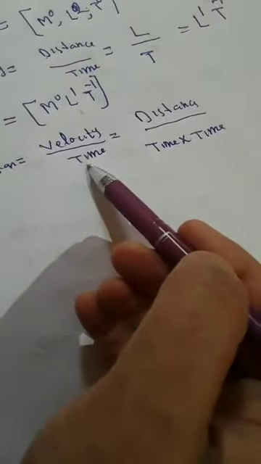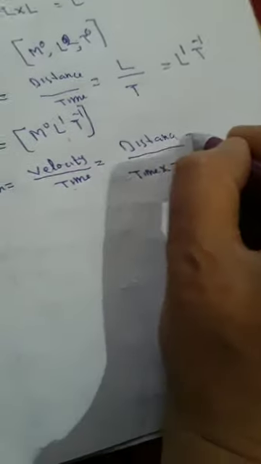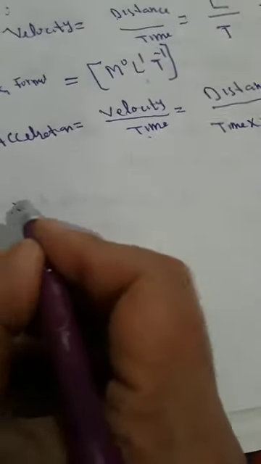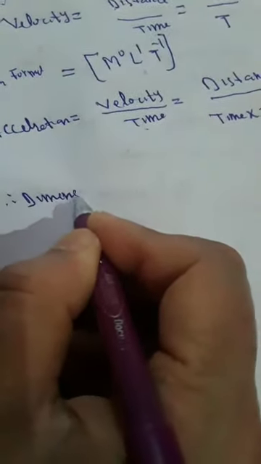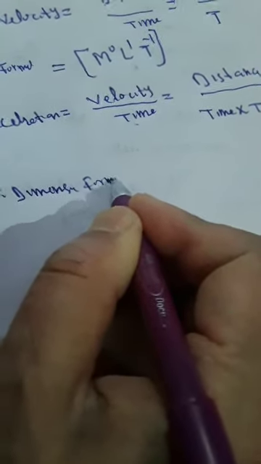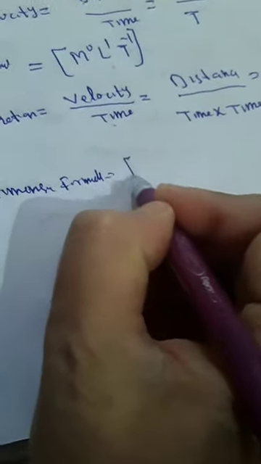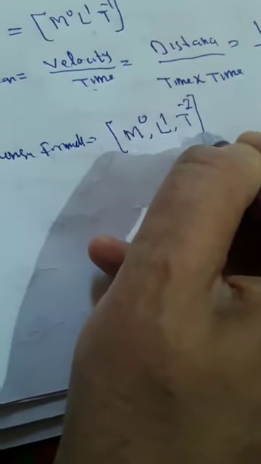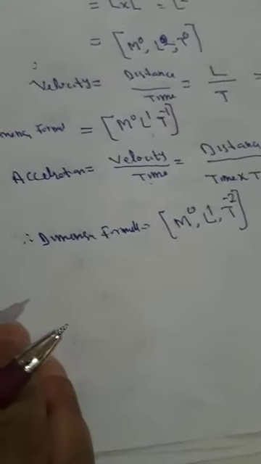Distance becomes L, T into T means T square. It can be written as L1 T raised to power -2. Then the dimensional formula of acceleration becomes [M0 L1 T-2]. This is the dimensional formula of acceleration. Similarly, we can find out various quantities because they are in our syllabus.